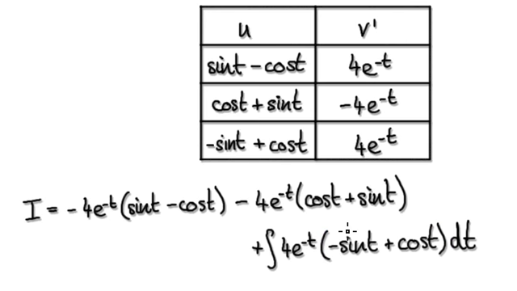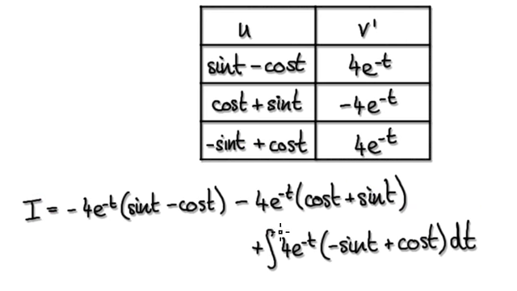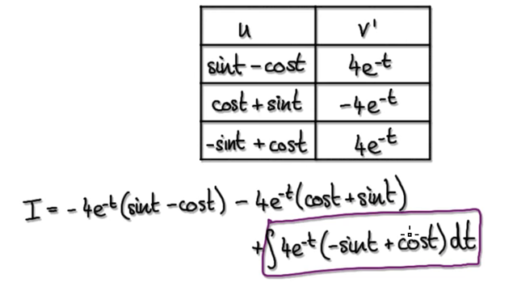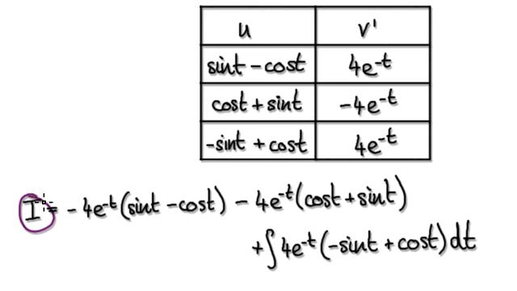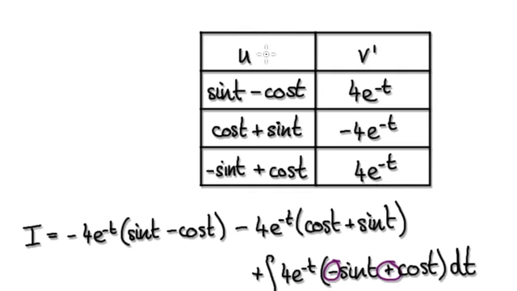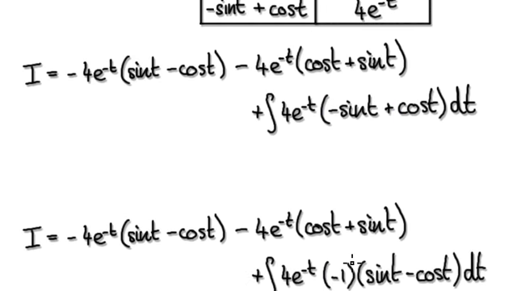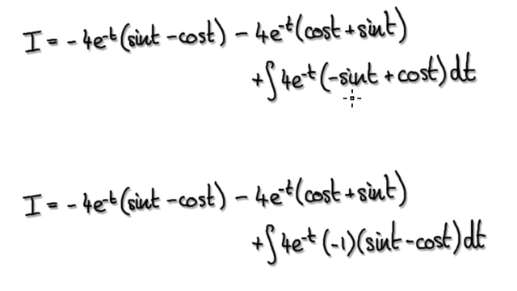We want to get this to be exactly the same as I, so we can have I equals blah blah with another I over here, and then we can group the two I's together. So make the adjustment on this and rewrite as this.